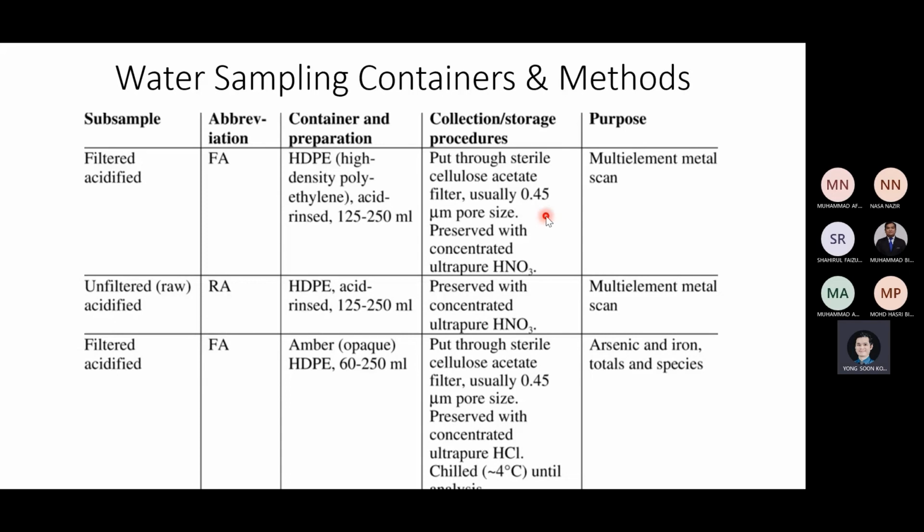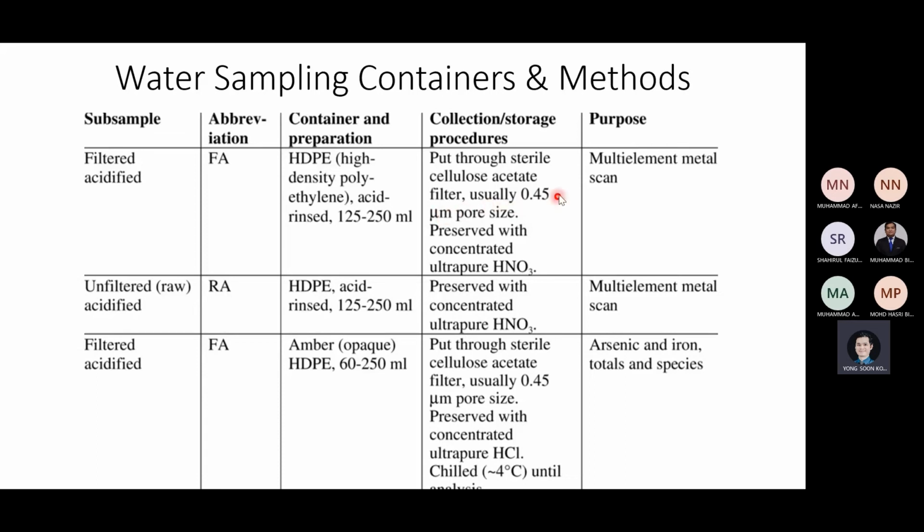If that is the thing that you want to analyze, then you need to filter. So filtering using what? Using a 0.45 micron syringe filter. You can use a membrane, but usually we use a syringe filter. It's very handy. You can attach it to a syringe and you press it. There you go. All filtered with this one.